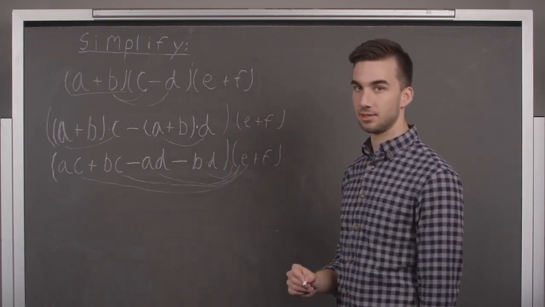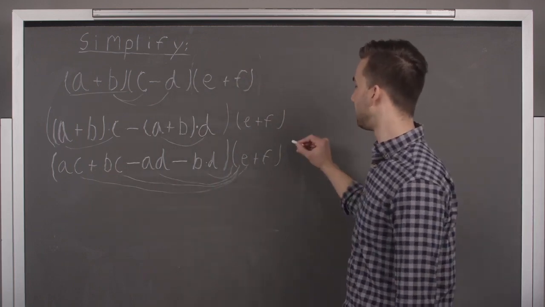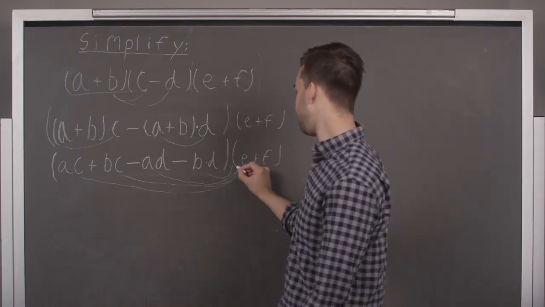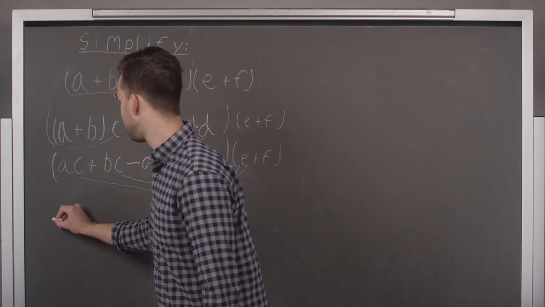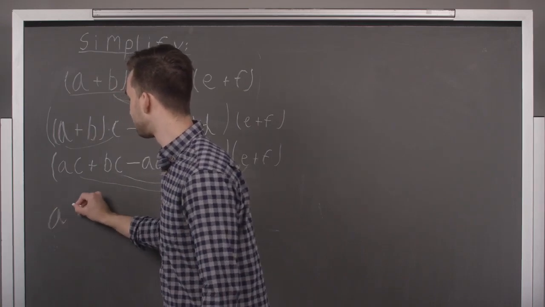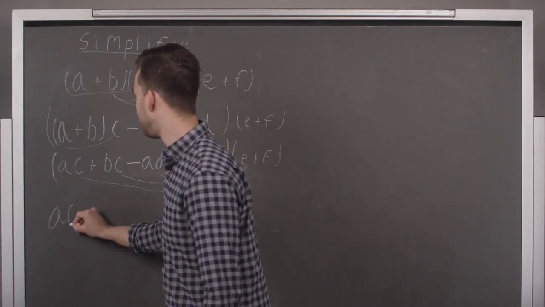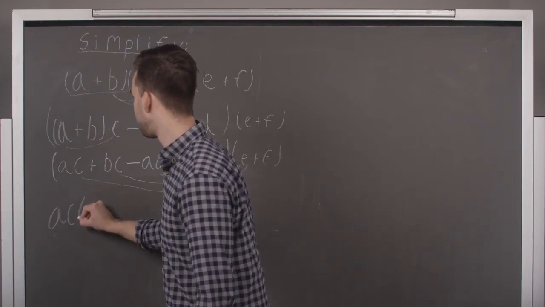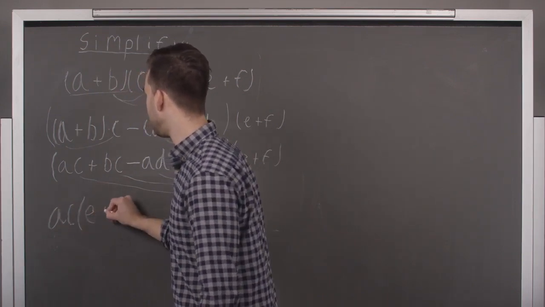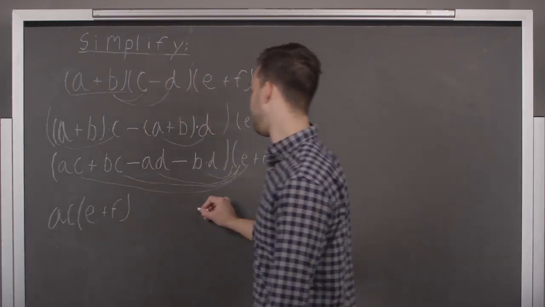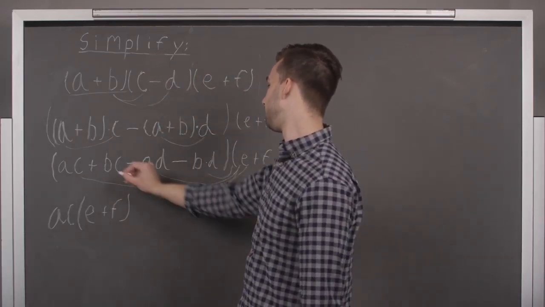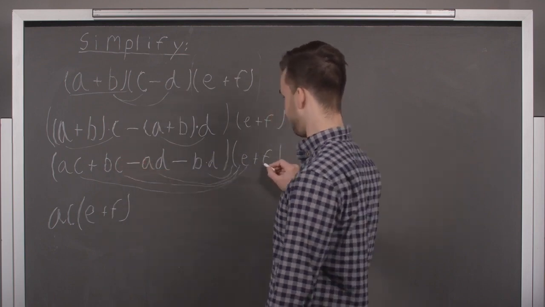Makes sense? So we're doing the same thing. So AC times E plus F is our first element. And then we have BC, our second element.